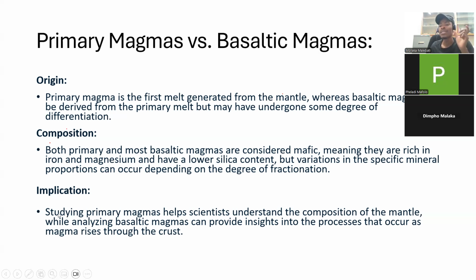Then, what is the implication of these primary magmas and the basaltic magmas? Studying the primary magmas helps scientists understand the composition of the mantle because you are able to model it. Analyzing the basaltic magmas can provide insight into the processes that occur as magma rises through the crust, so we are looking at the magma evolution. When the magma ascends through the crust or through fractures, it can undergo assimilation and incorporate the crustal material. By so doing, you can change it.